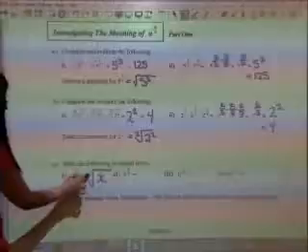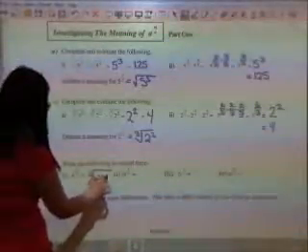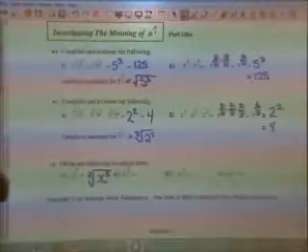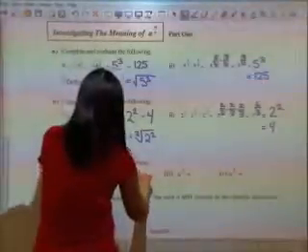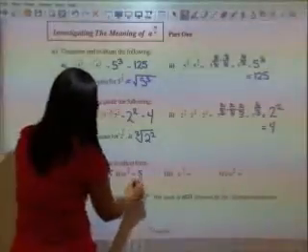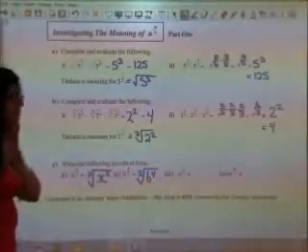The 3 becomes the index, the 5 the exponent. So b to the power of 4/5 becomes the 5th root of b to the power of 4.